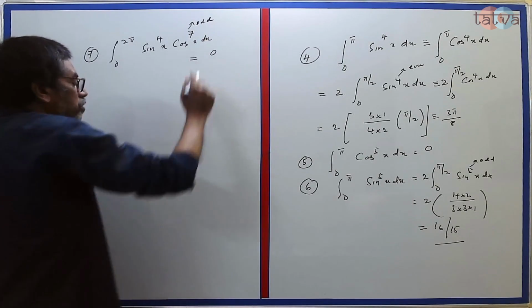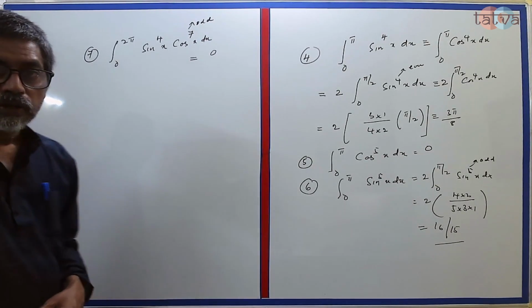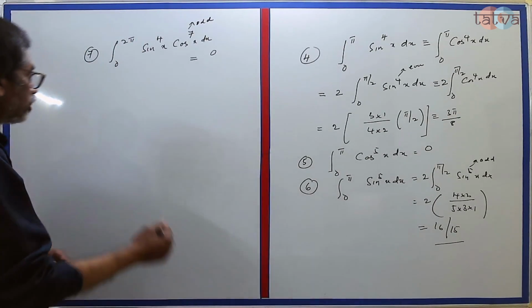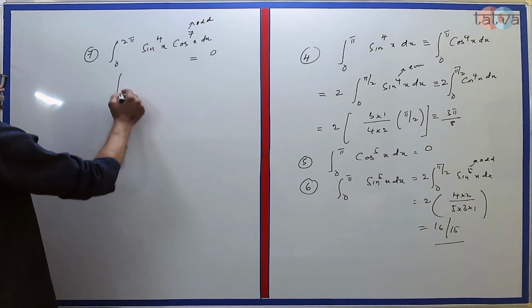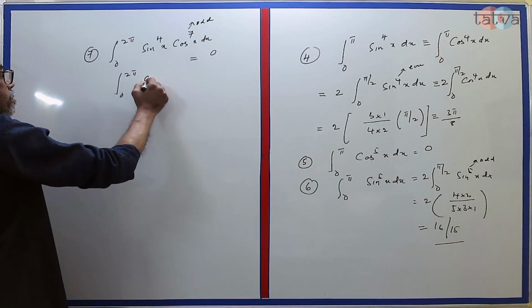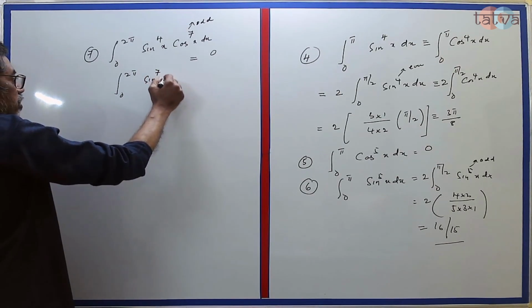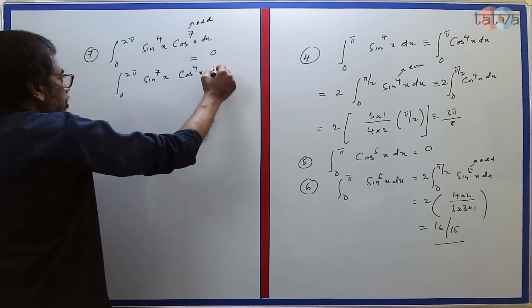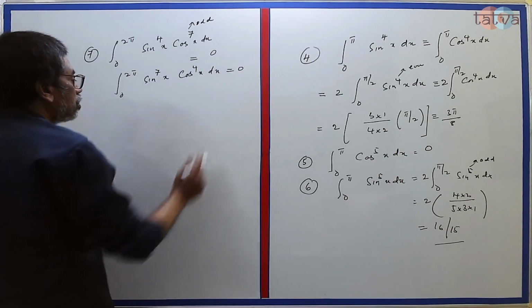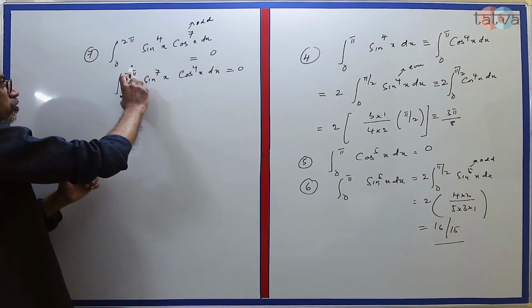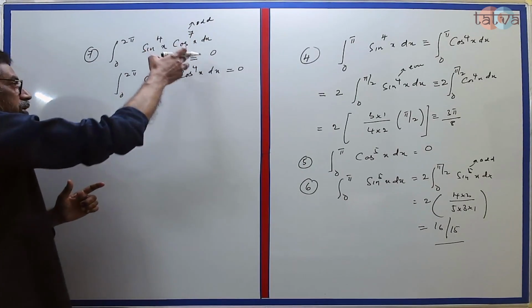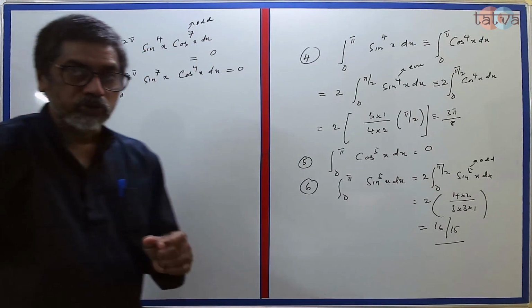Don't waste your time. The output is 0. Remember, it happens only in 0 to 2 pi. What I'm trying to tell you is 0 to 2 pi sine power 7x cos power 4x dx is also 0. So in 0 to 2 pi, whether it is cos or sine which carries an odd power, or both carry odd powers, the output is 0.